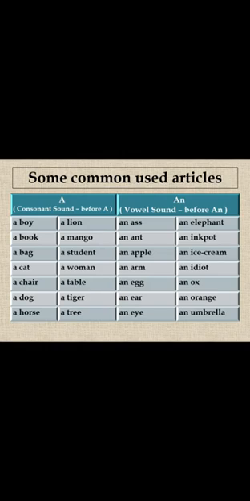Again, if the first letter of any word is h and it sounds like o, then there will be n instead of a. If the h is silent, that means. Otherwise, if the first letter of the word is a consonant, there will be a.